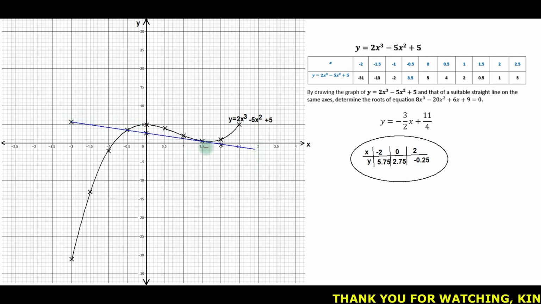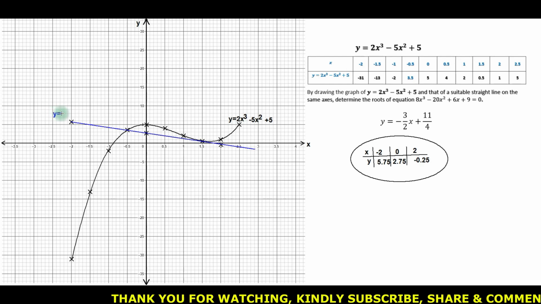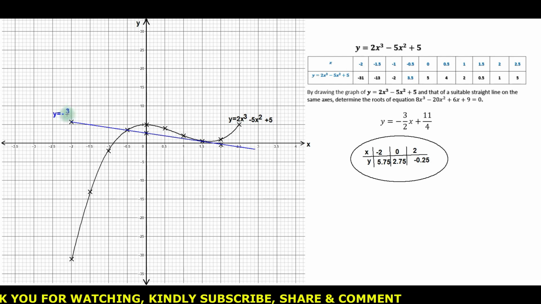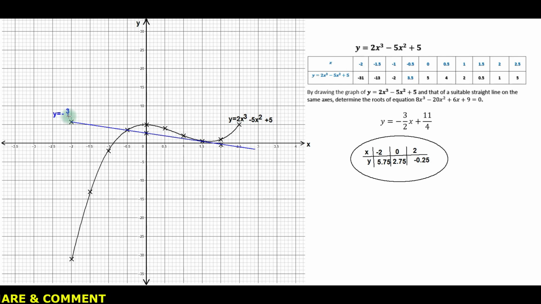That is it. So this is the line, and we can label this line, which is y is equal to minus 3 over 2 x plus 11 over 4.